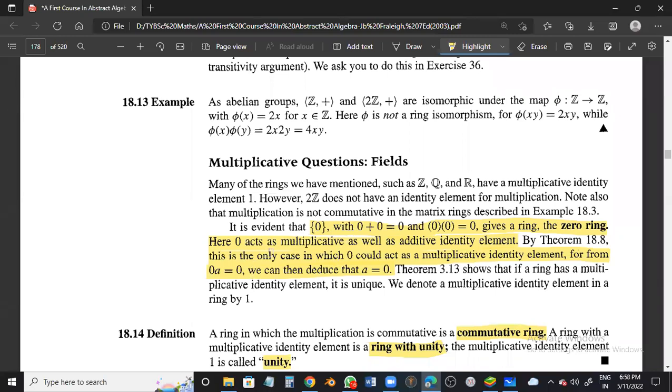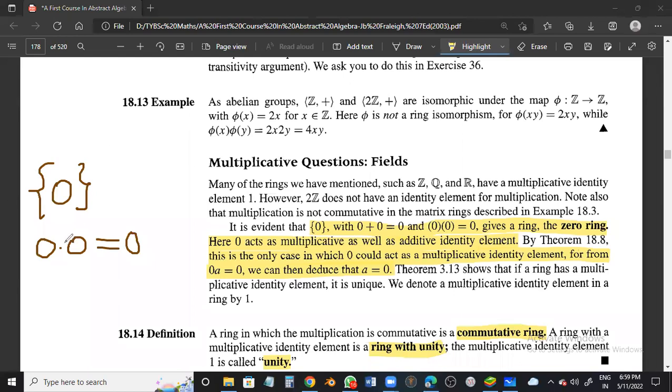Further, 0 acts as multiplicative identity element as well as additive identity element, because I'm getting the same number back over there. So see the concept of identity element. Usually whenever we multiply 1 to any number, the number is back. But 0 is special. You have singleton 0. Your set contains only one 0. And what you observe, if I multiply 0 by 0, I'm getting 0 back.